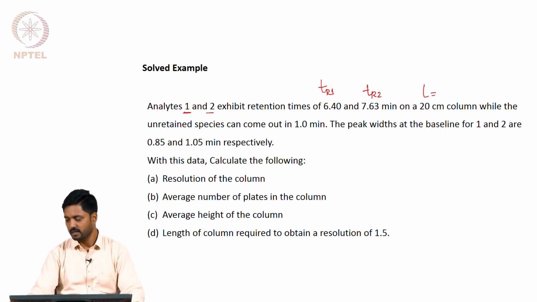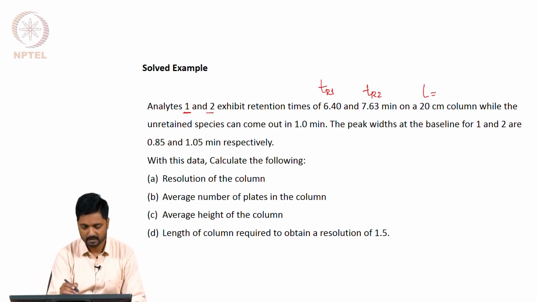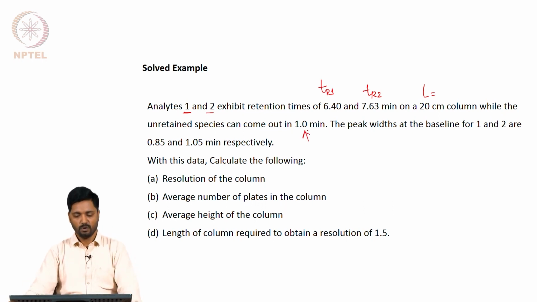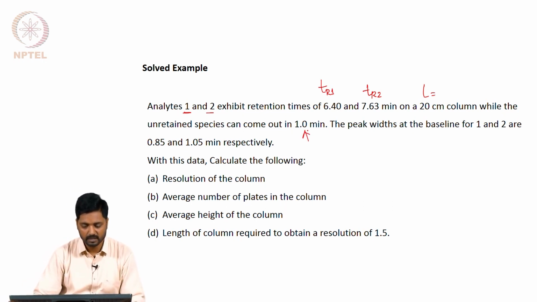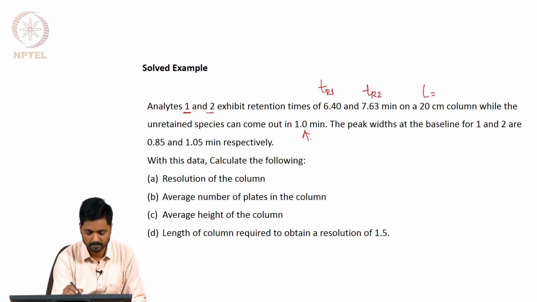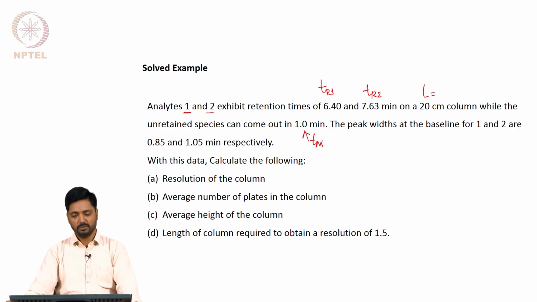We are also told that there is an unretained species that comes out of this column within 1 minute. This is nothing but our Tm value in terms of what we have discussed in the previous class.